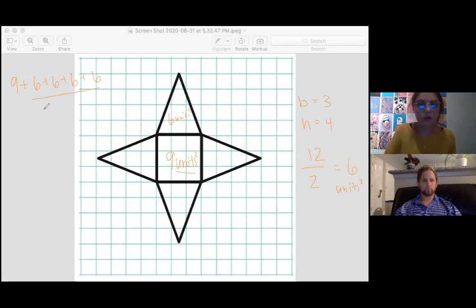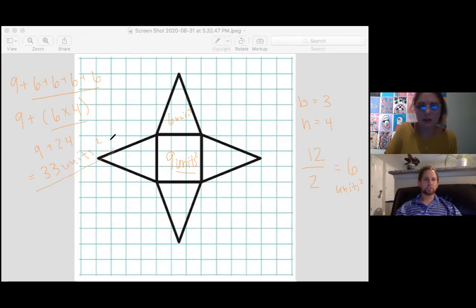Or you can just do 9 plus 6 times 4. We can use some fun PEMDAS and use order of operations. 6 times 4 is 24, plus 9 equals, my brain's hurting, 33 units squared.